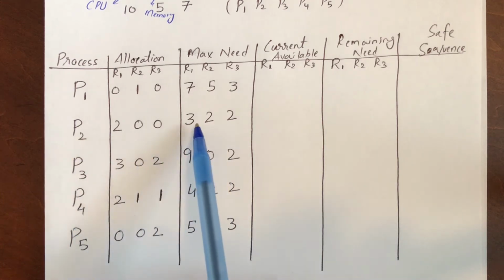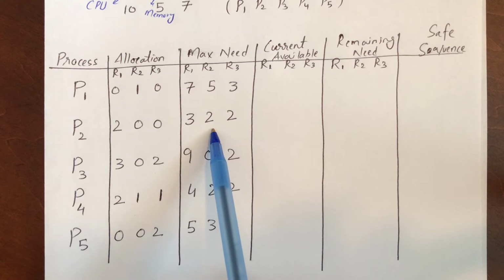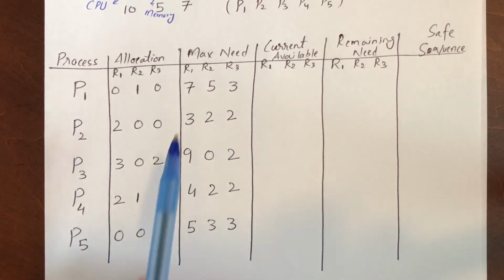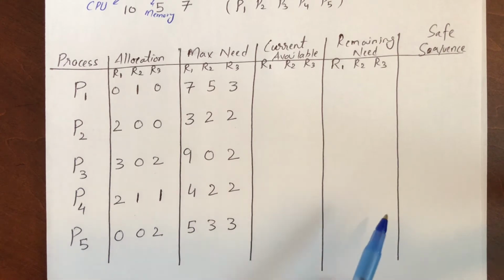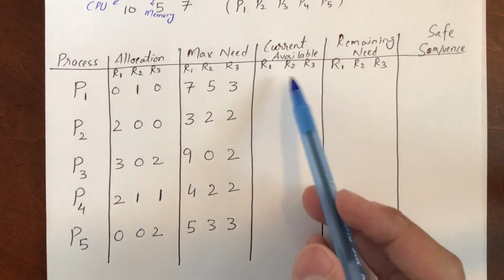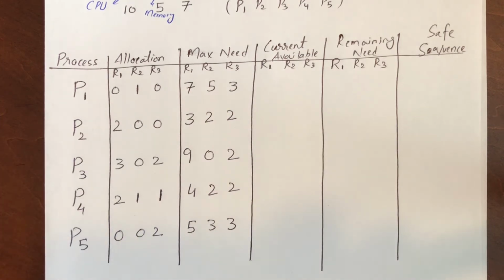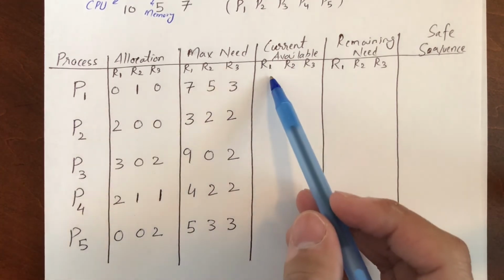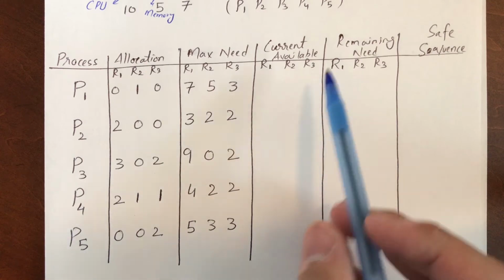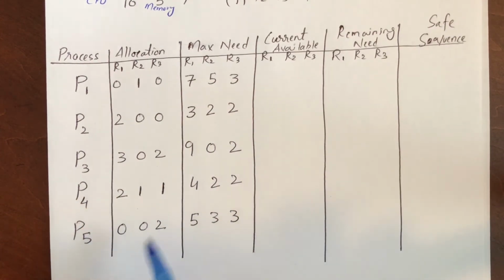Same is the case with others. Like P2 requires 3 R1, 2 R2, 2 R3. And this is, by the way, allocated; we have already allocated that. Now, firstly, let's see how many resources are currently available. To see that, we need to count all these allocated resources.